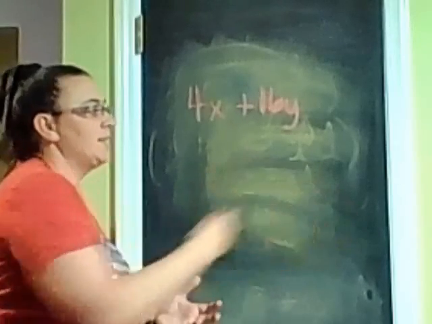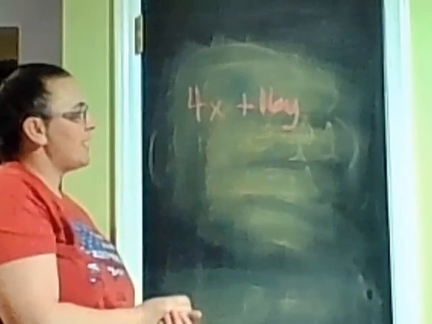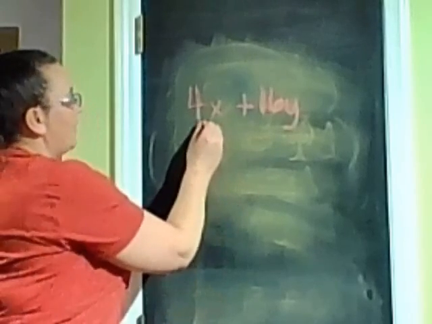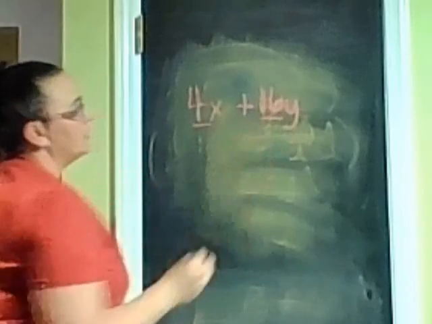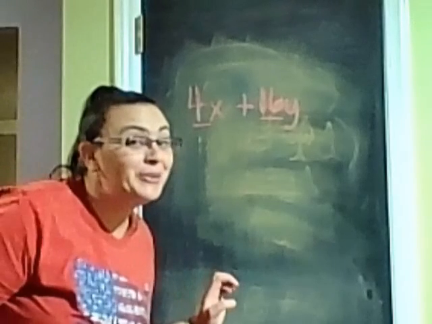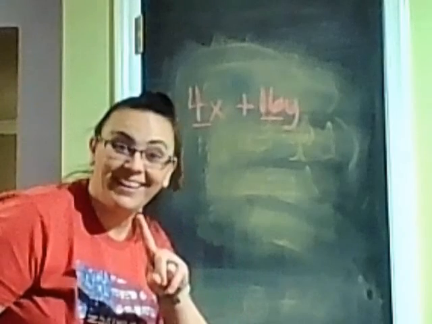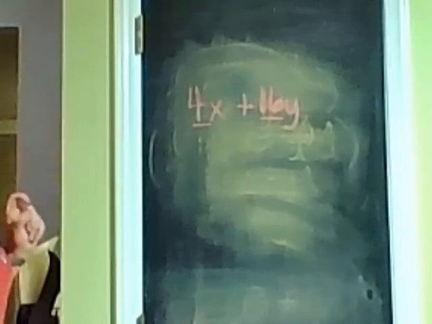Or if someone was handing out fruit to each one, what would that have been? What is common between the coefficients? Do you notice anything common about 4 and 16?